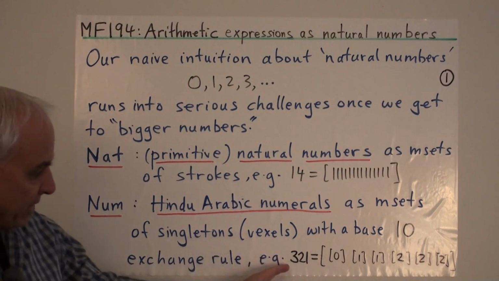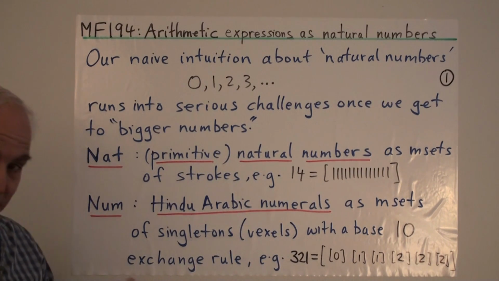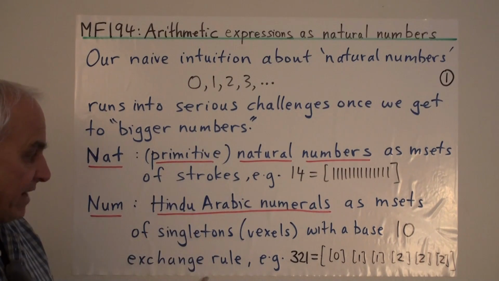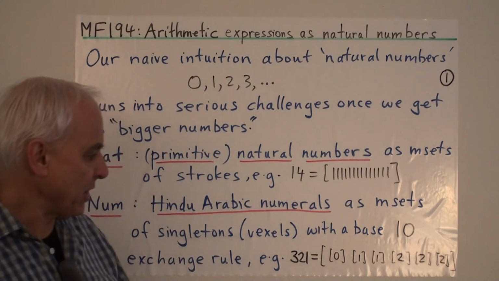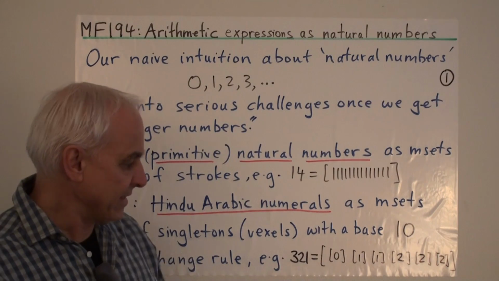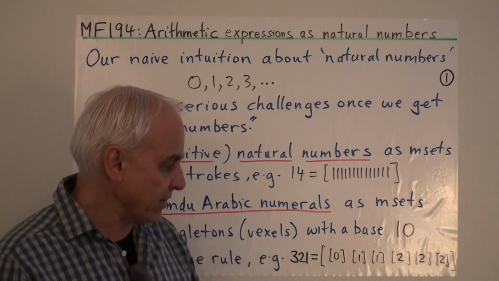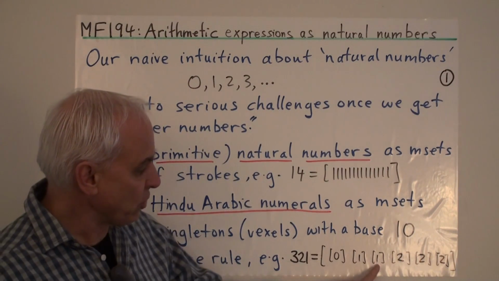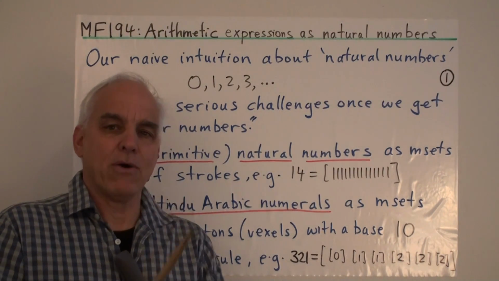So for example, something like 321, officially now for us, this is really in the context of a multiset kind of situation. So here we have a singleton 0, a couple of singleton 1s, and 3 singleton 2s. And effectively, what these singletons are doing is representing powers of 10.